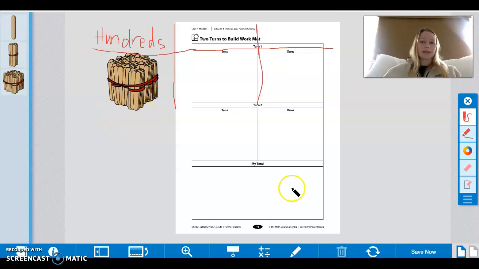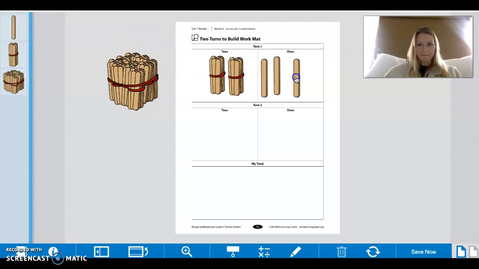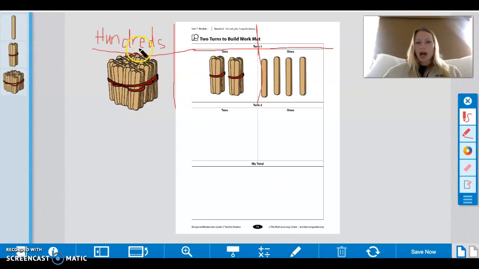So now let's see. If I were to give you a number that looked like this. This was my hundredths, my tens, and my ones. That looks pretty good. All right, let's take a look, friends. How many hundredths do we see?